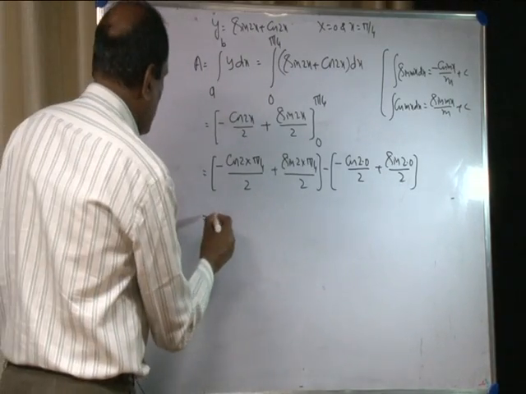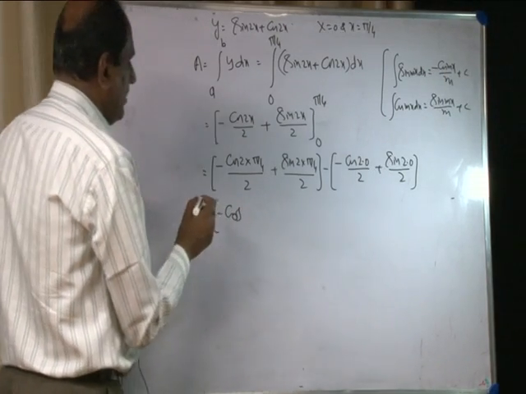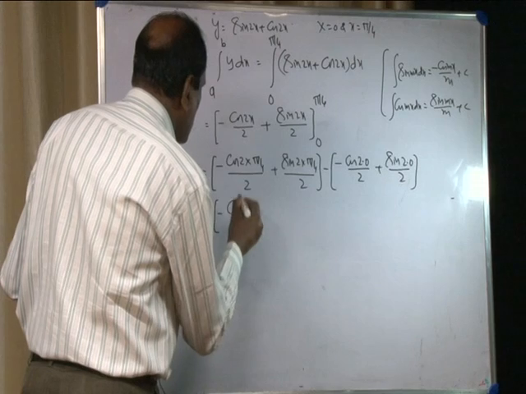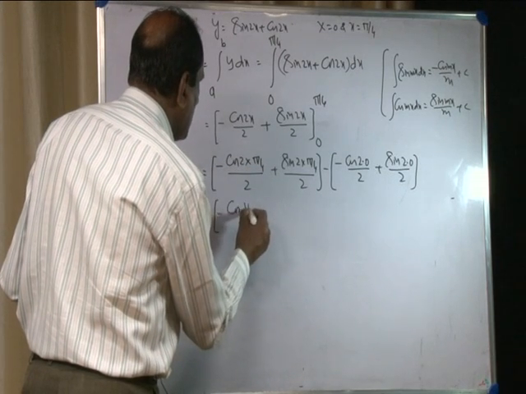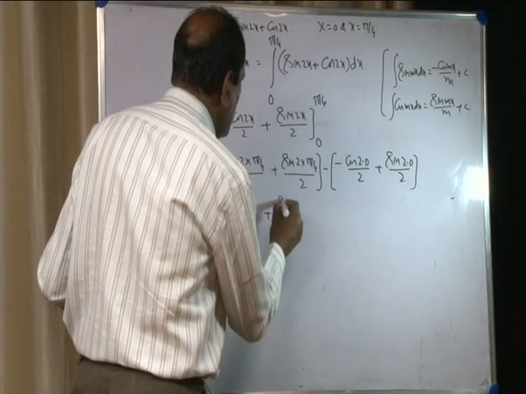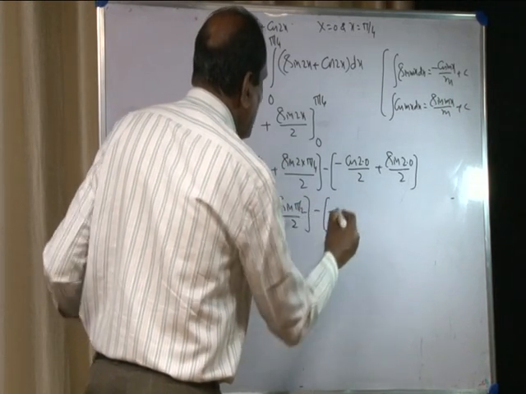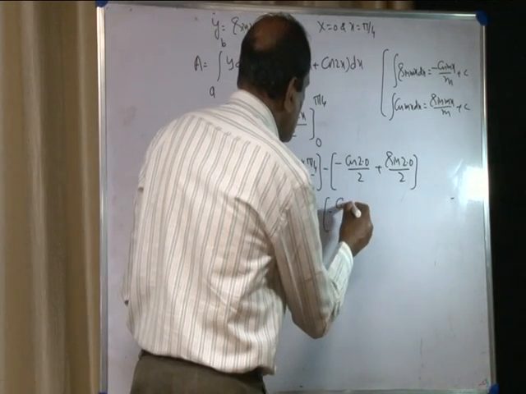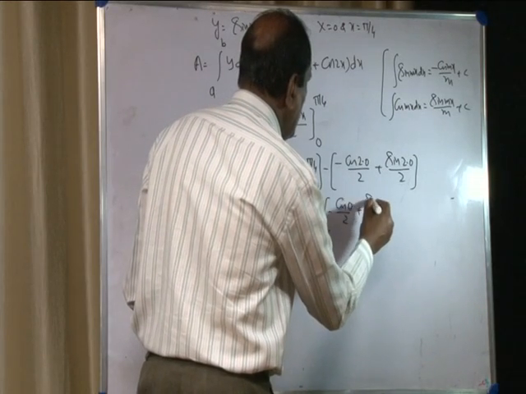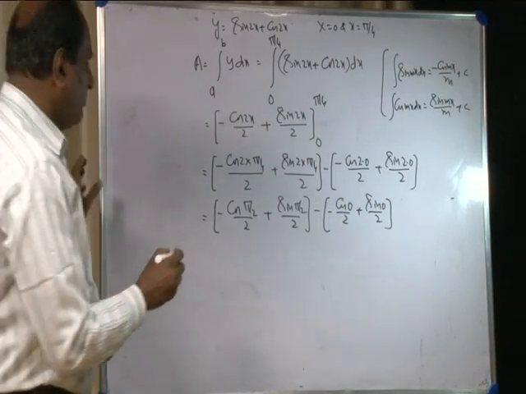Now simplify. Minus cos of 2 into pi by 4, that is cos pi by 2, divided by 2, plus sin pi by 2 divided by 2, close the bracket, minus cos 2 into 0, that is cos 0 by 2, plus sin 0 by 2.